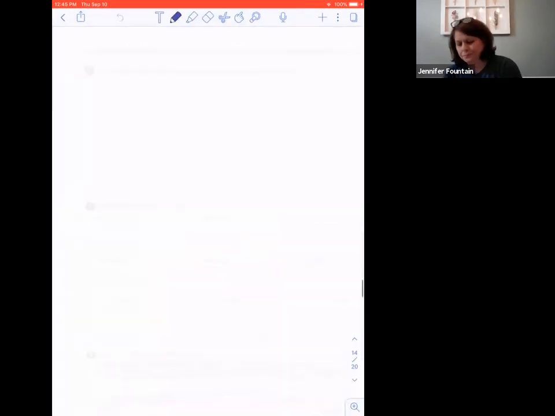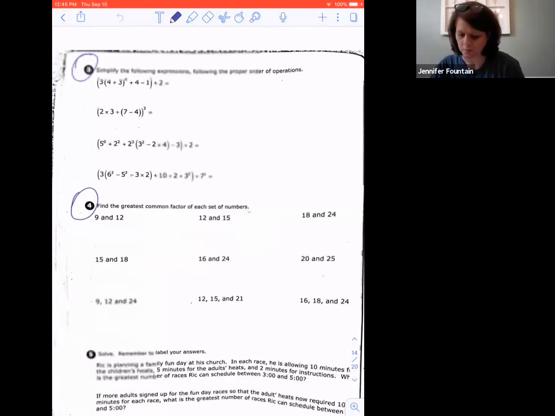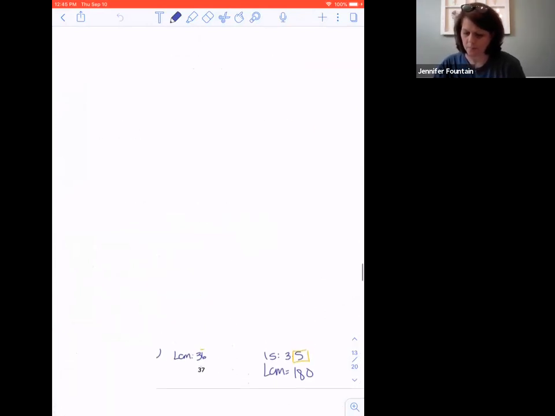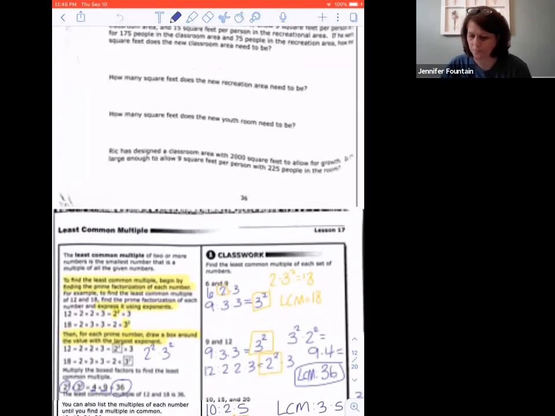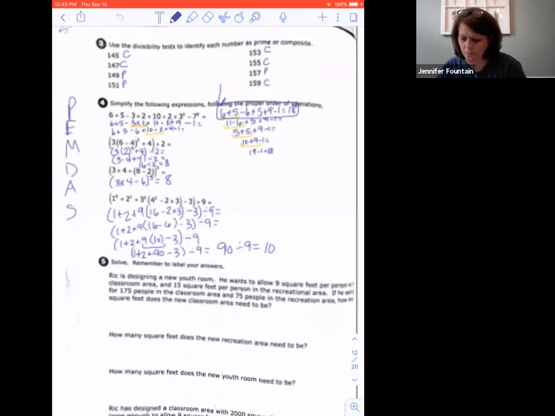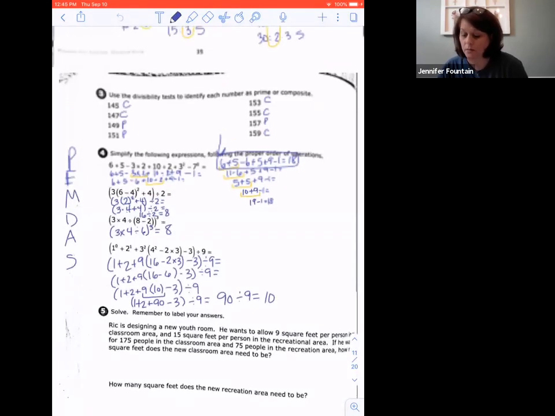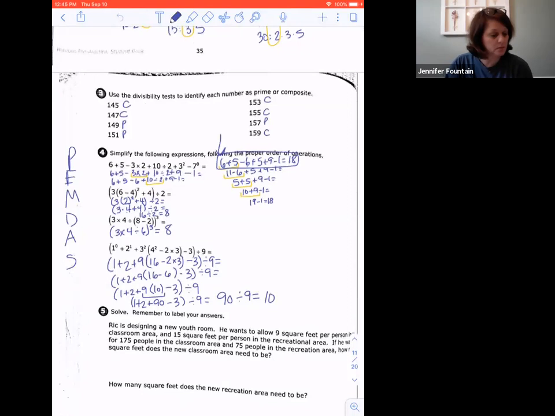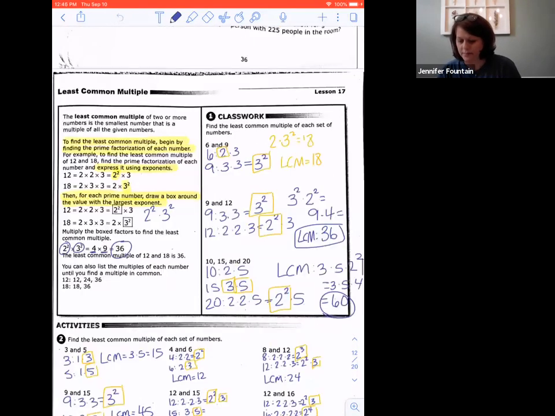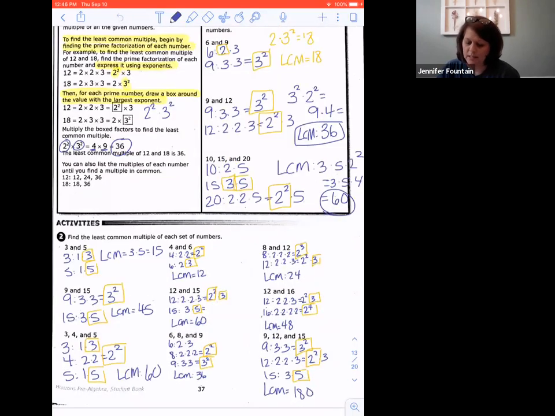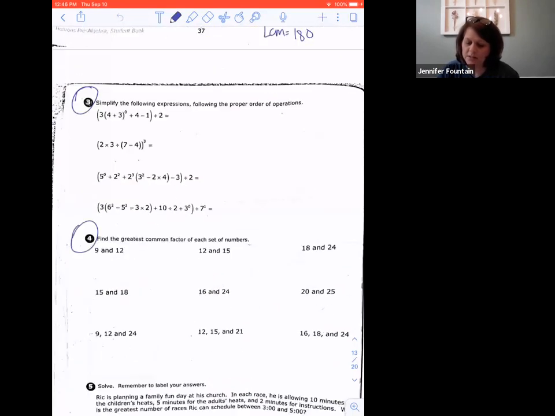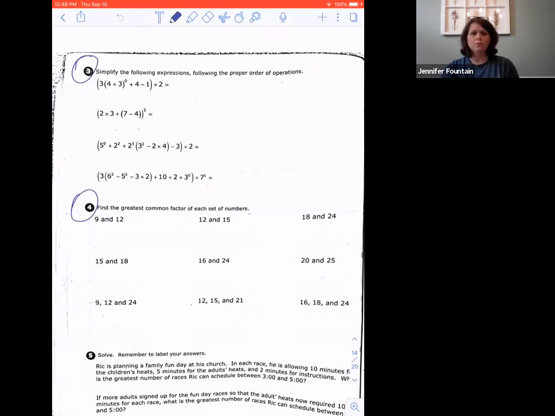Okay, so it looks like we already did page 36. We already went over those. Does everybody have all those done? Everybody went over those? All righty. So then on lesson 17, it looks like we did activities 2 and our homework was activities 3. So let's go ahead and work through these.